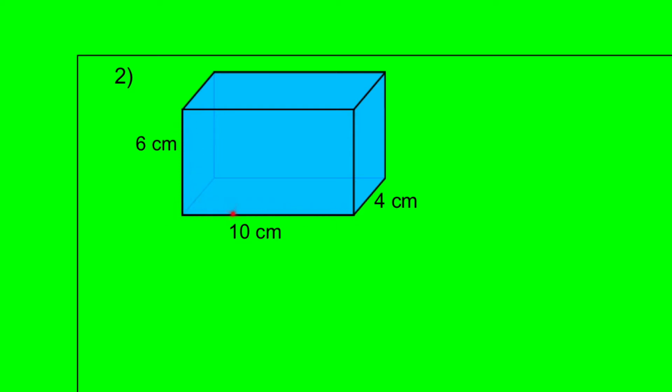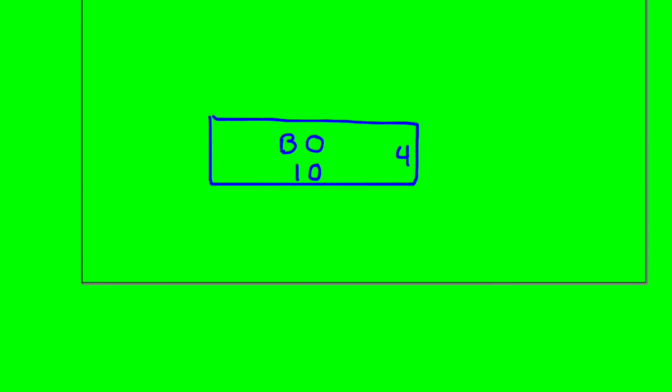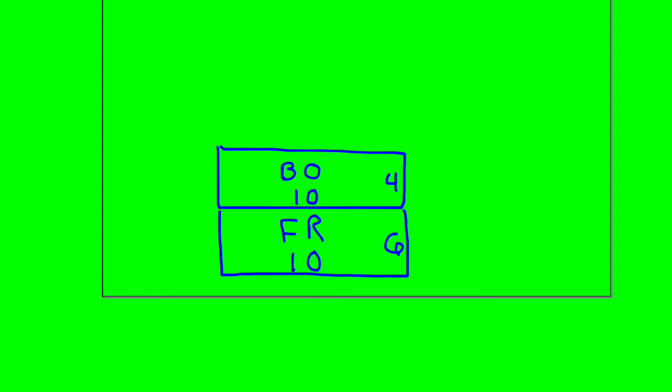So I'll make this just a little bit longer, but it's still going to be 10, falls forward, and there's your FR for the front, and we'll call it 10 by 6. So there's your front rectangle of this rectangular prism.